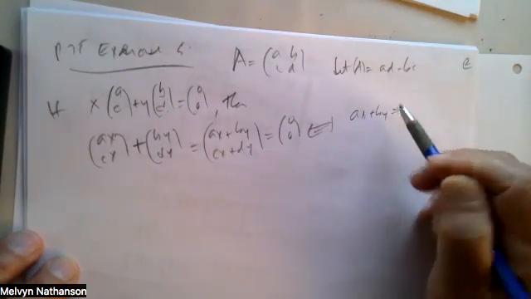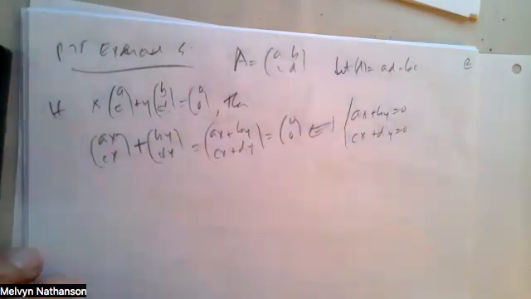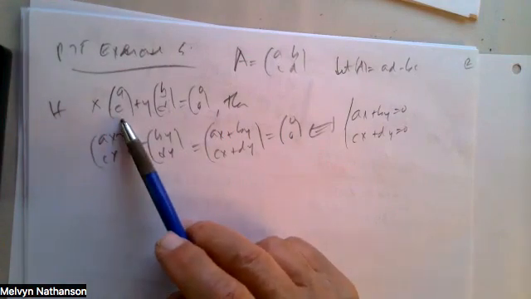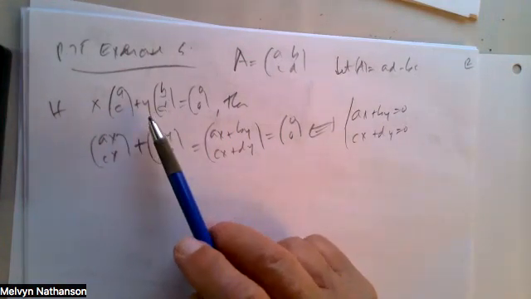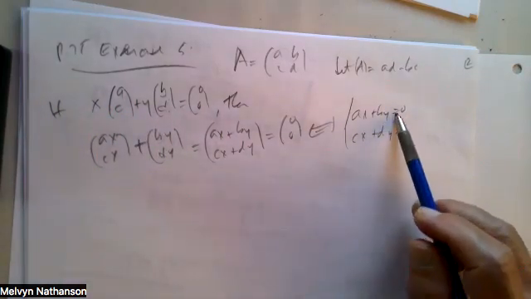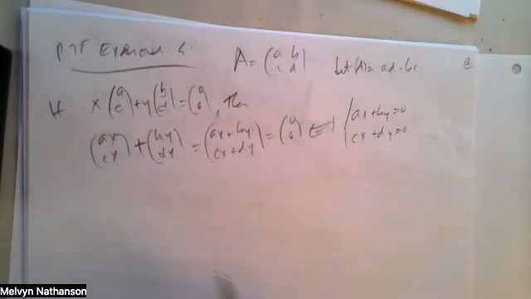AX plus BY equals 0 and CX plus DY equals 0. And so if a linear combination of these two vectors is 0, then X and Y are solutions of this system of homogeneous equations. And I can actually make this all if and only if.